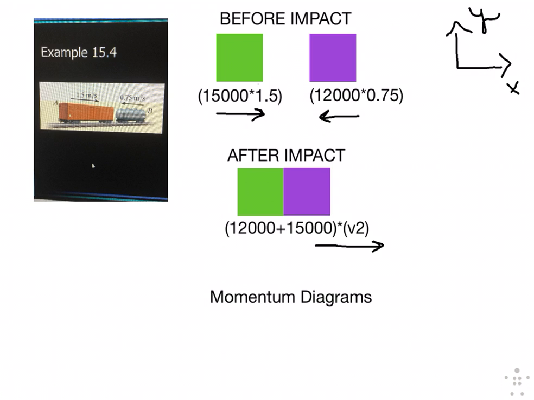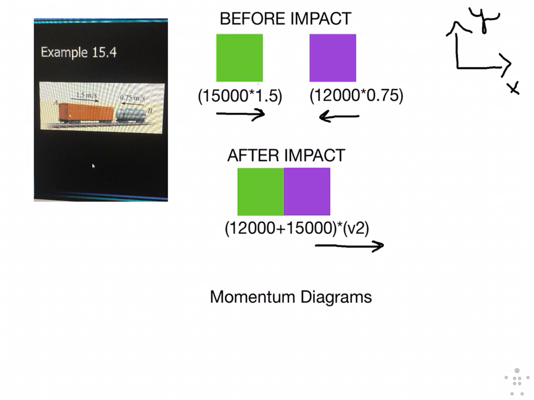Particle B is the purple block, and that one is traveling to the left at 0.75 meters per second. So we have a mass of 12,000 kilograms multiplied by 0.75 gives you the momentum along the x direction, but that's going towards the left.